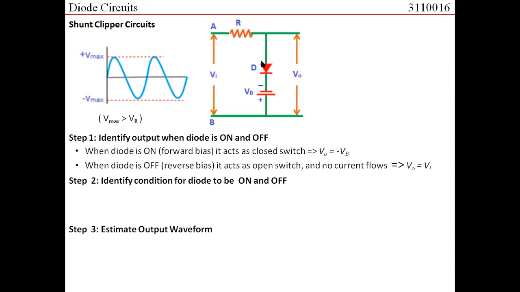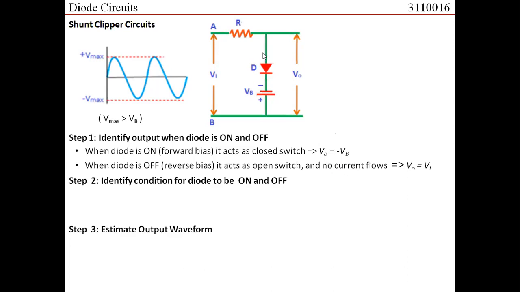The first step: identifying that when the diode is on, it acts as a closed switch. So this is a short circuit. The output voltage is taken between these two points, so the output voltage would be the same as minus VB, which in the earlier case was 0. Because the battery is present and has a negative polarity here, the output voltage would be equal to minus VB.